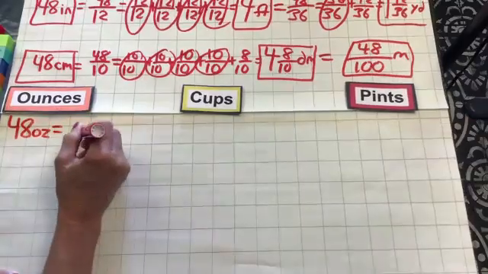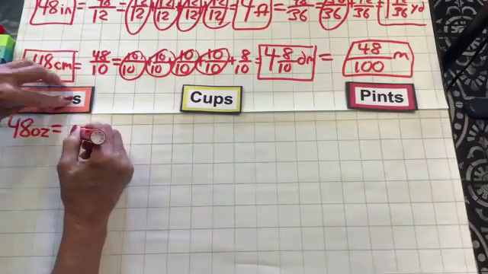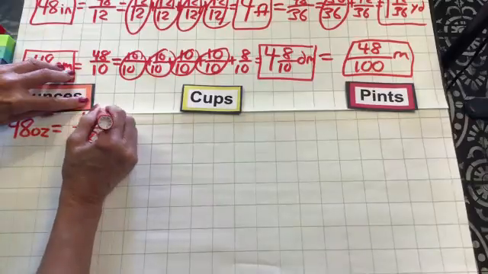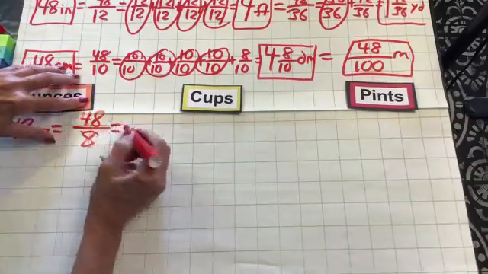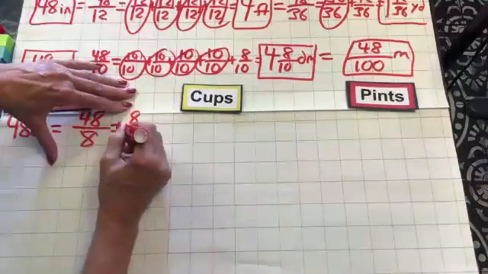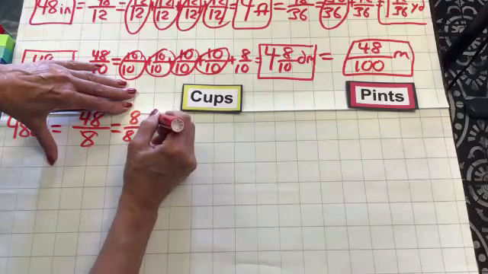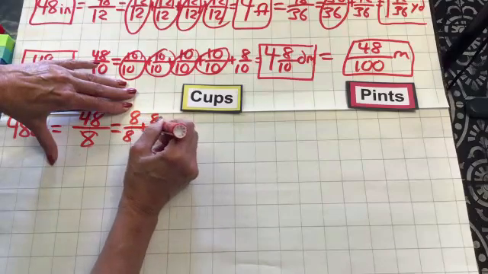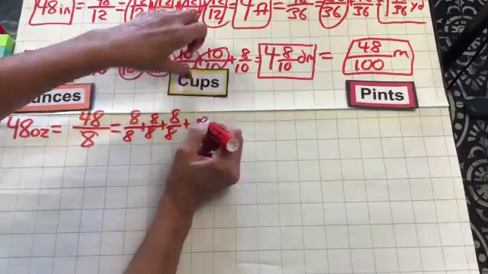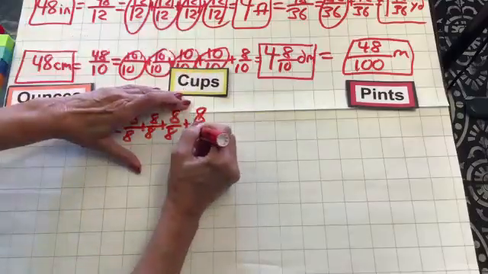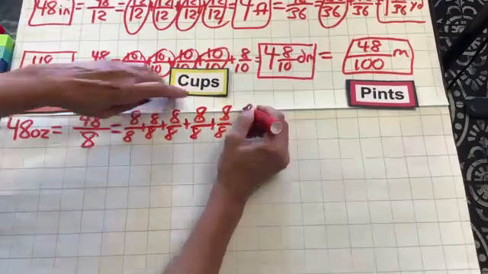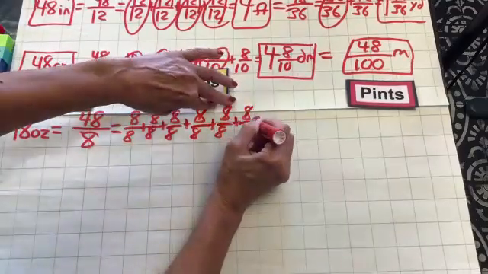And we know that it takes 8 to make a full cup. So we have 48 over 8. And we break this down. I know 8 goes into 48 6 times. So it would be 8/8 plus 8/8 plus 8/8 plus 8/8 plus 8/8 plus 8/8.